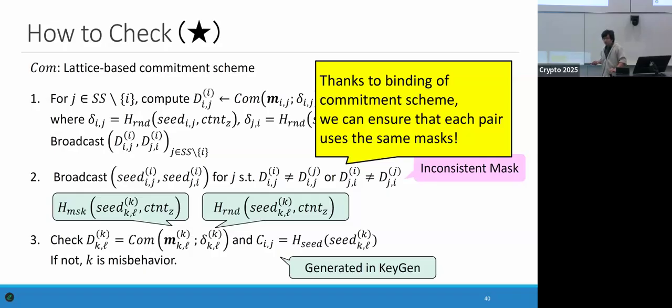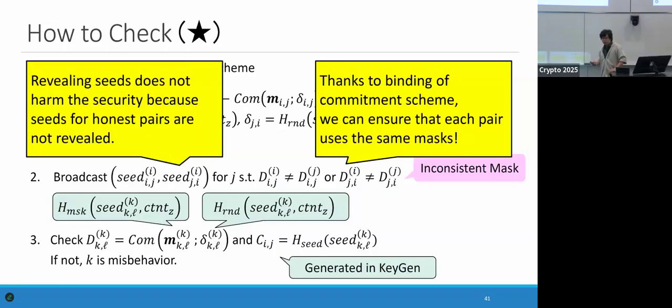But here we have to carefully analyze the security, because the pairwise seed is sensitive information which should be hidden from the adversary. But fortunately, redundancy in our protocol does not harm the security, because pairwise seeds for honest pairs are not revealed.